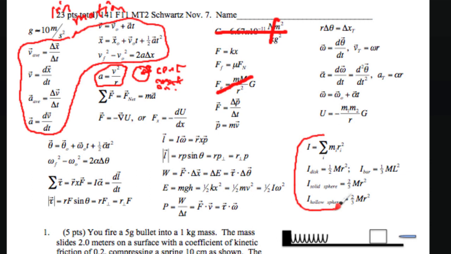These equations right here all refer to computations around the rotational inertia. And this looks like universal gravitation. I'm going to cross this one out because you're probably not going to use that one. So go through and circle the set of equations and what they correspond to.